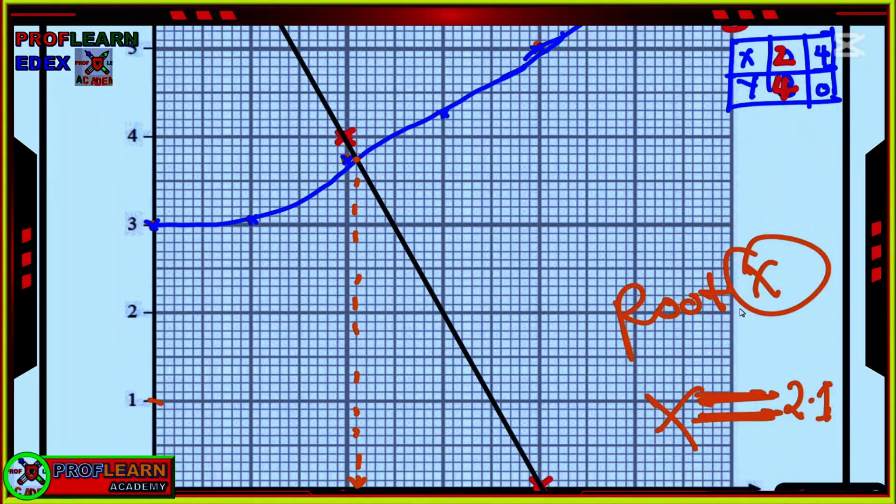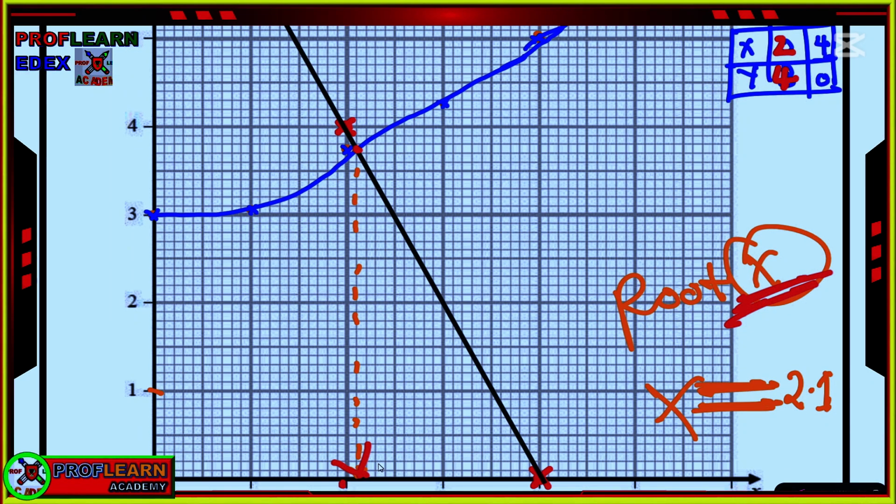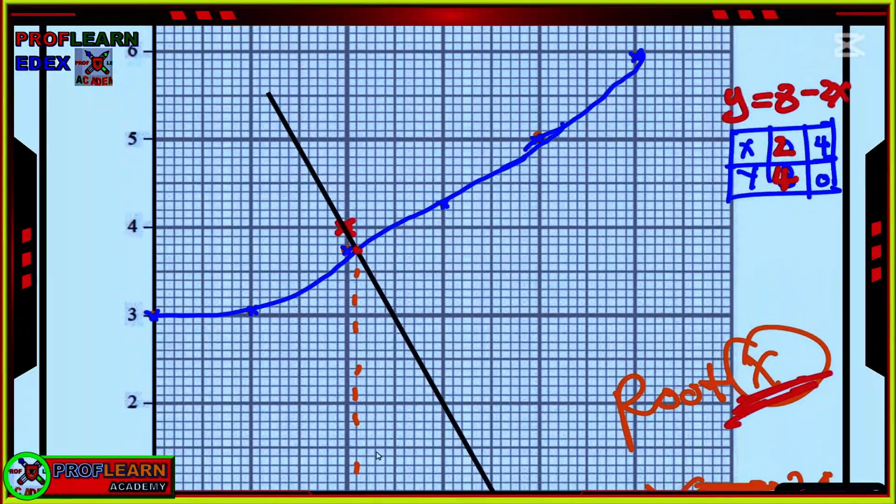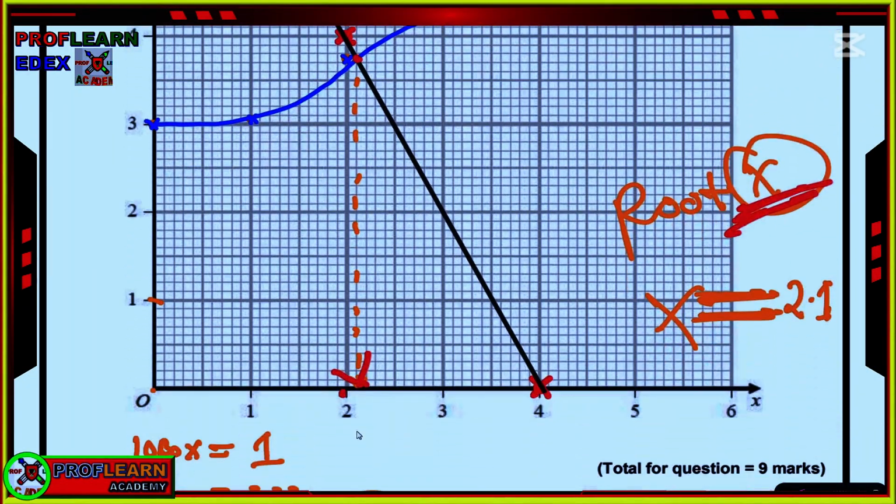The root that they are asking is the value of x where this line and the graph that we were having intersect. So you read the value that we are having down here, and that answer is going to be around 2.1. 2.1 now becomes the answer.